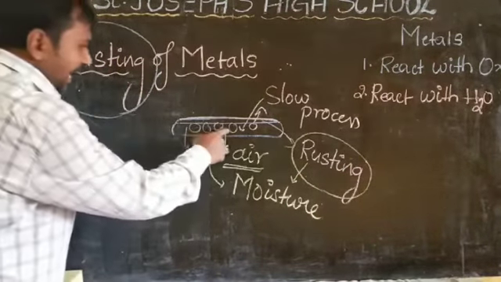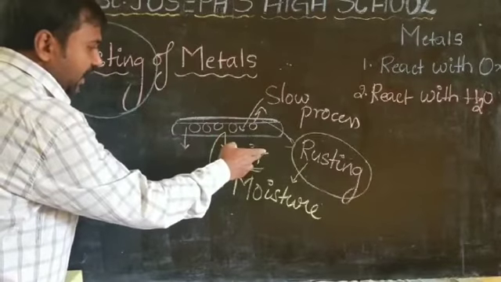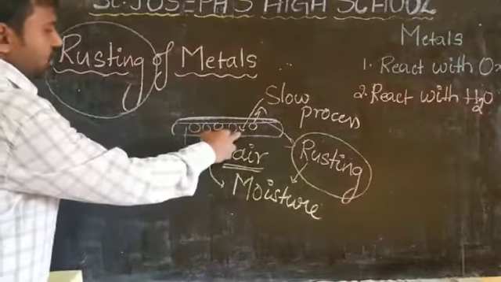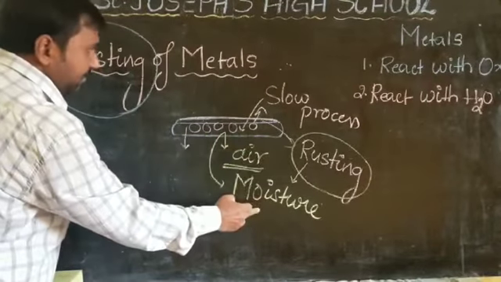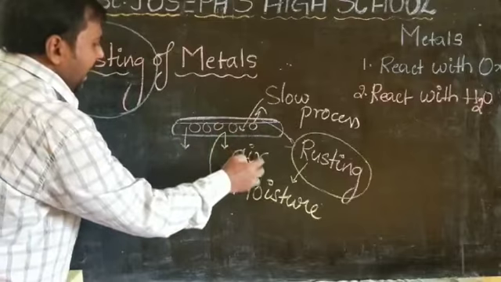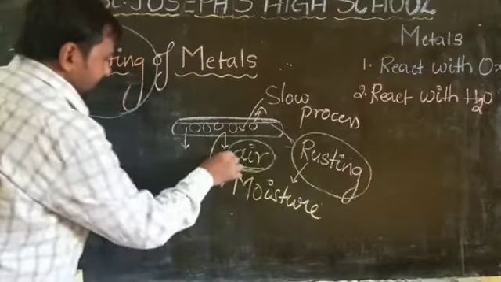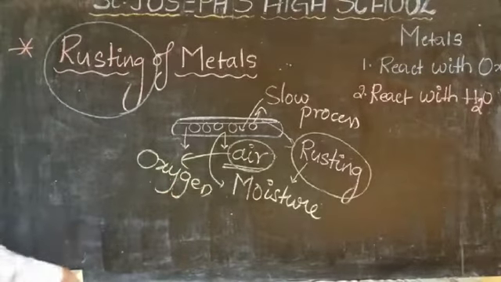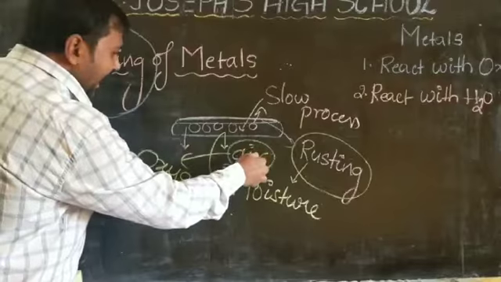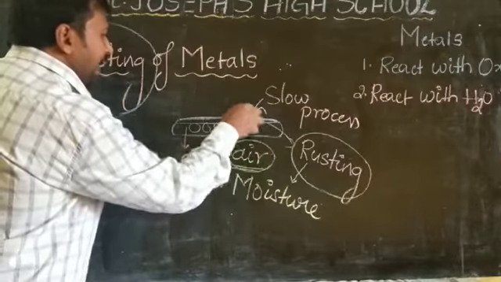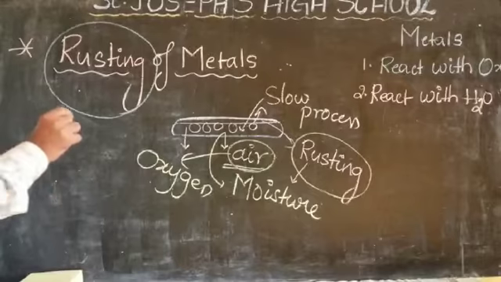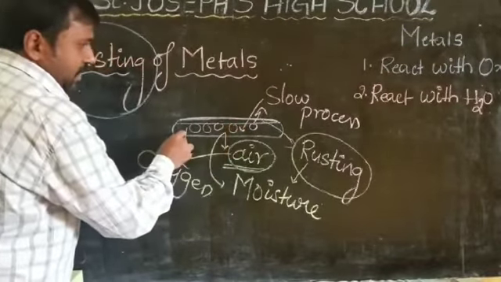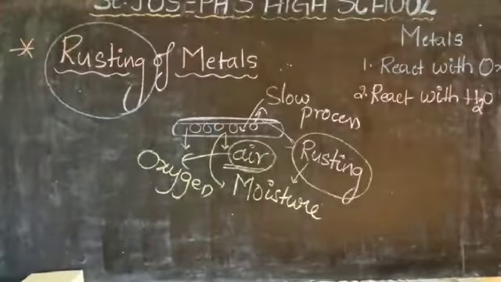When the metal is exposed to air and moisture, in the air mainly oxygen, it undergoes a chemical reaction. That chemical reaction is a very slow reaction. Slowly it starts eating the metal. This process is called rusting.